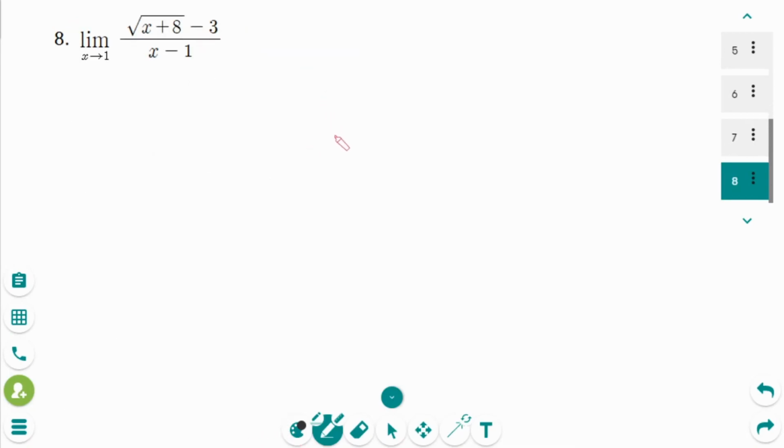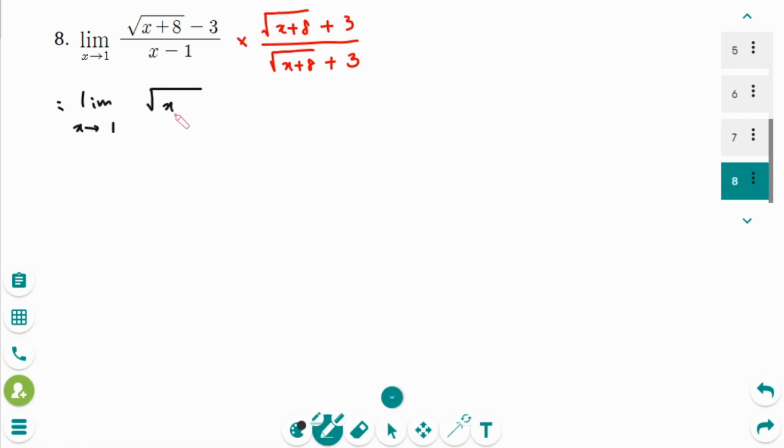This is the last question of the video. Let's multiply numerator's conjugate. So times square root of x plus 8 plus 3 over square root of x plus 8 plus 3. Then limit as x approaches 1.